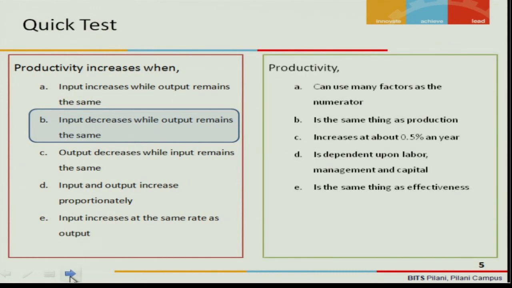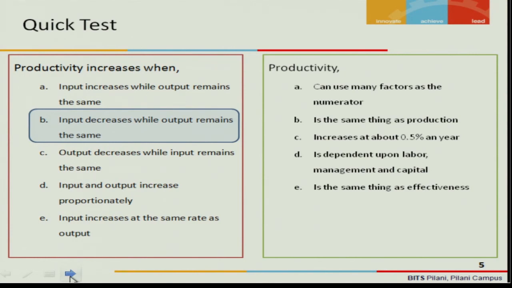The next question is, productivity means option A, can use many factors as the numerator. Option B is the same thing as production. Option C, increases at about 0.5% a year.